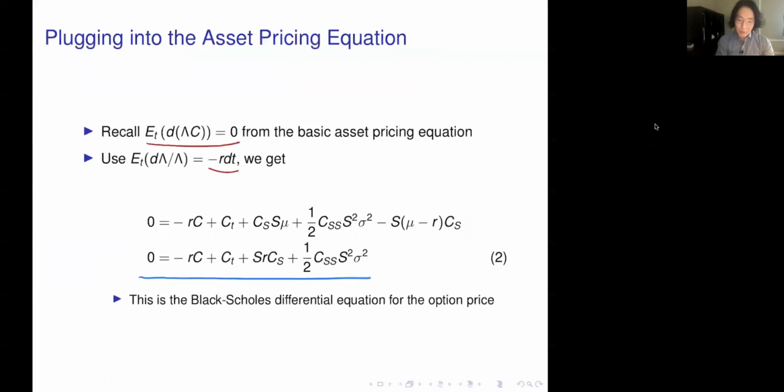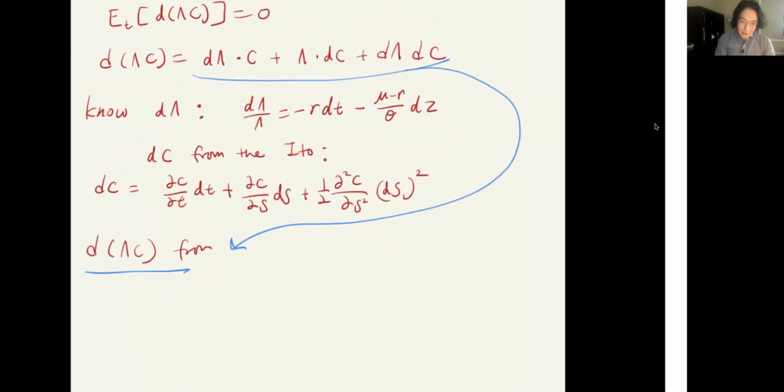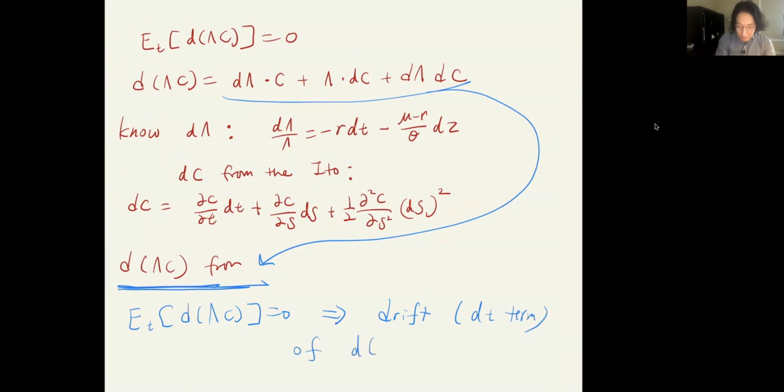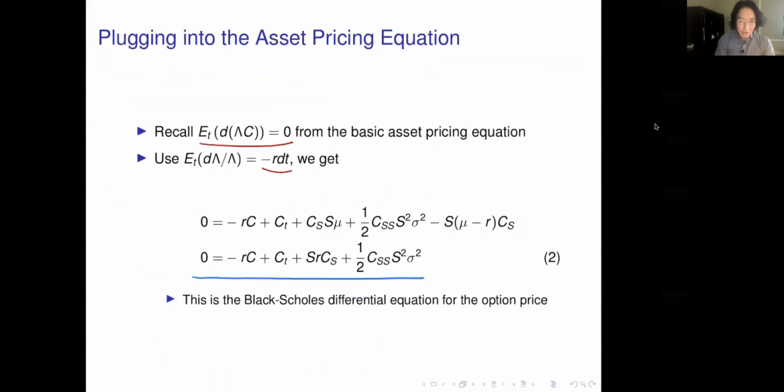In other words, you calculate this thing here, and we know that the expected value of d lambda dc should be 0. This means that the dt term of d lambda times c should be 0.